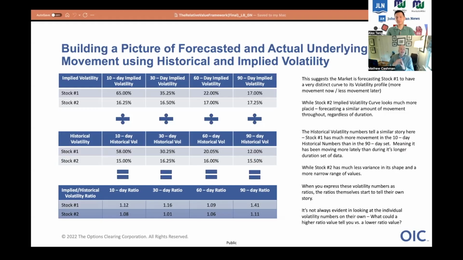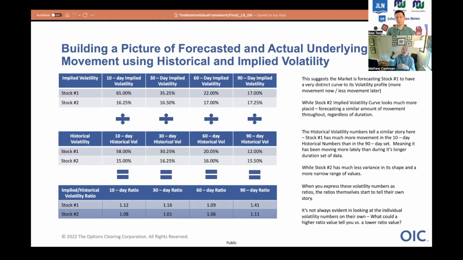That tells you that the implied vol divided by the realized vol of that same time period is expressed as that ratio. That means that stock one's 10-day ratio is 112% implied over realized.